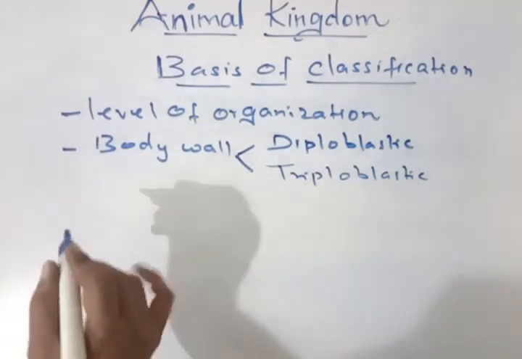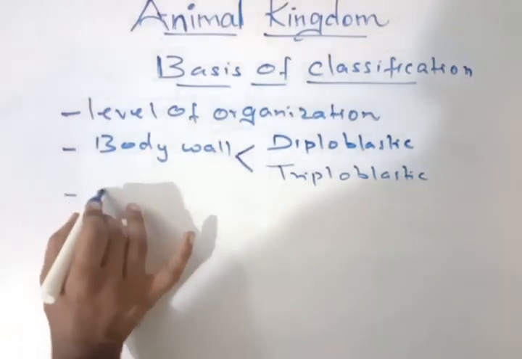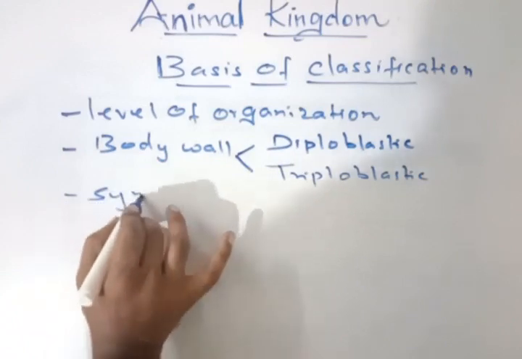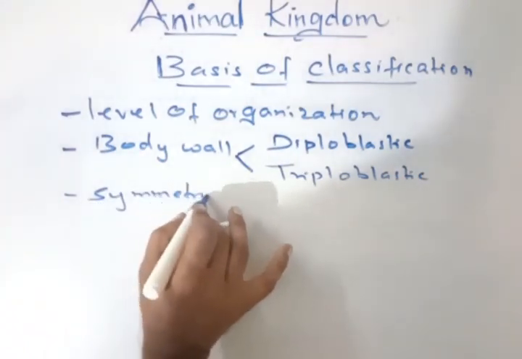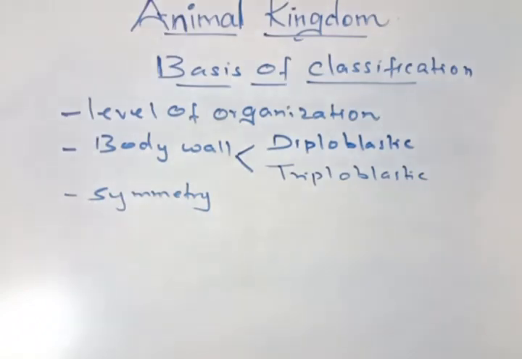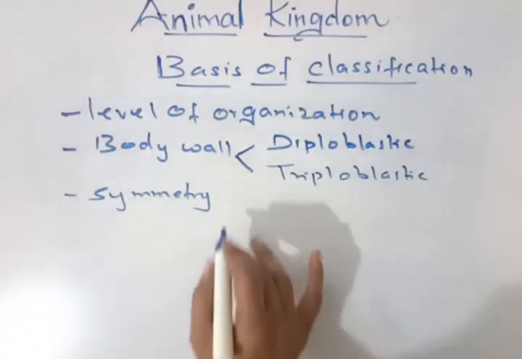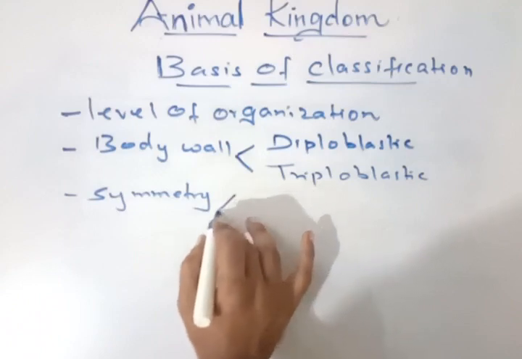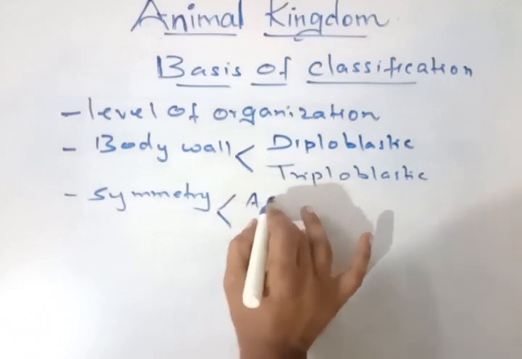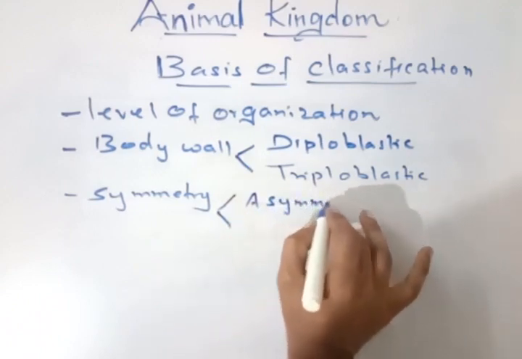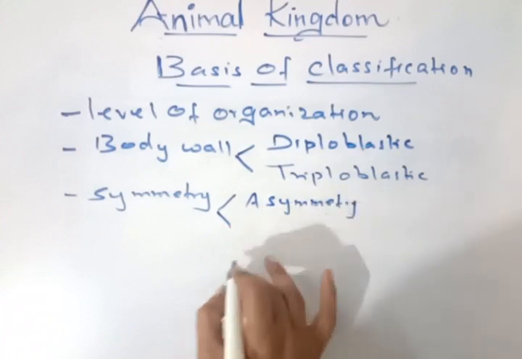Next, based on symmetry, that is, based on the body structure. Some will have no symmetry at all, so they are called asymmetrical, and some will have symmetry.